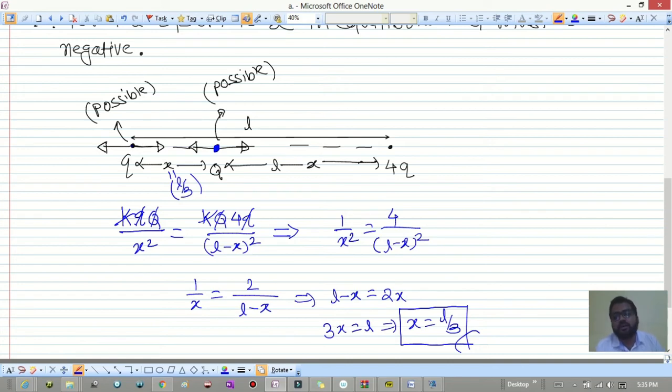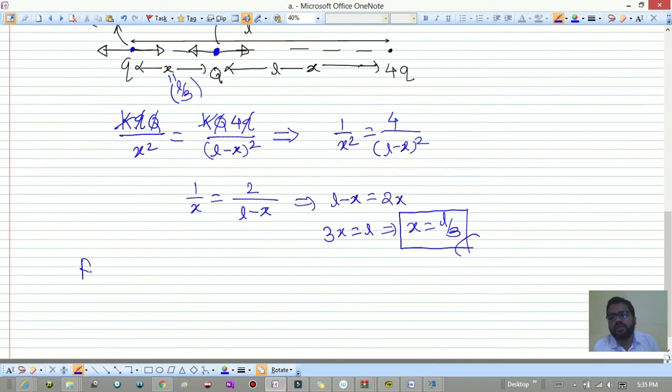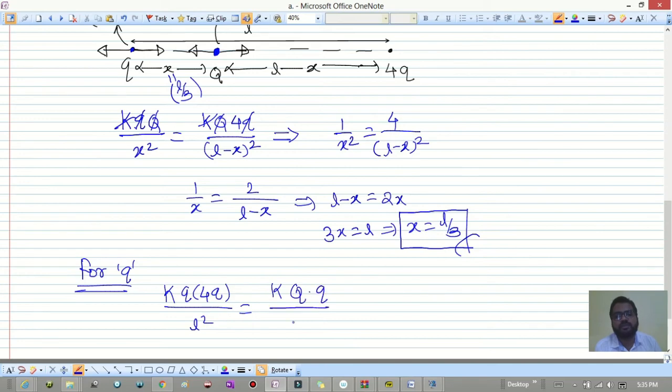Now we'll consider the equilibrium for small q. For small q, due to 4q we have k q 4q divided by L squared, which must be equal to the force due to capital Q, k capital Q into small q divided by L by 3 whole squared.